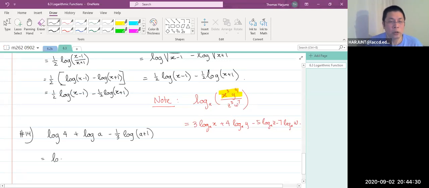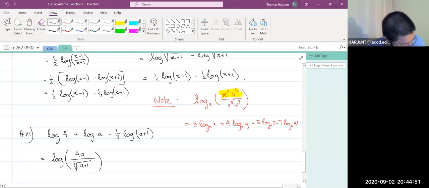Put it in a single log. 4 has positive coefficient, it is on the top. A positive coefficient, it is on the top. And negative 1/3, make it on the denominator. That's the cube root of (a plus 1). Dang, only one step, Thomas.